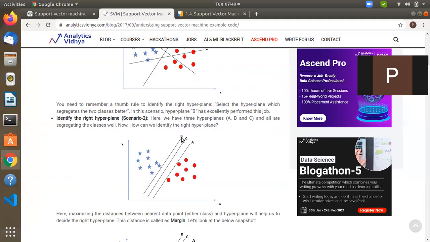Let's say if you take B here, this star is very near to it, and if you take A, this red dot is very near. This line is passing very near to this data point.